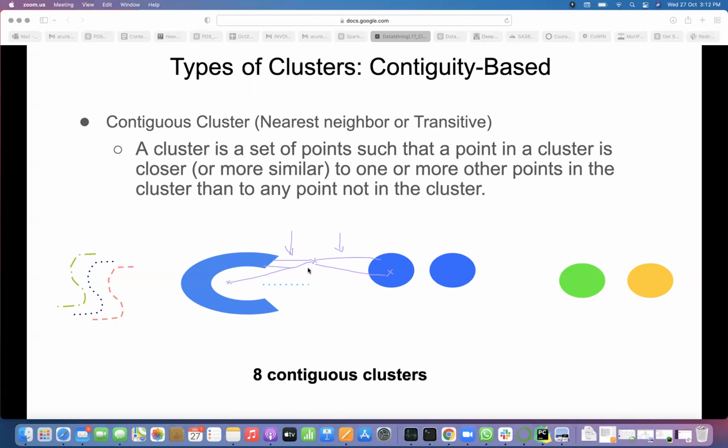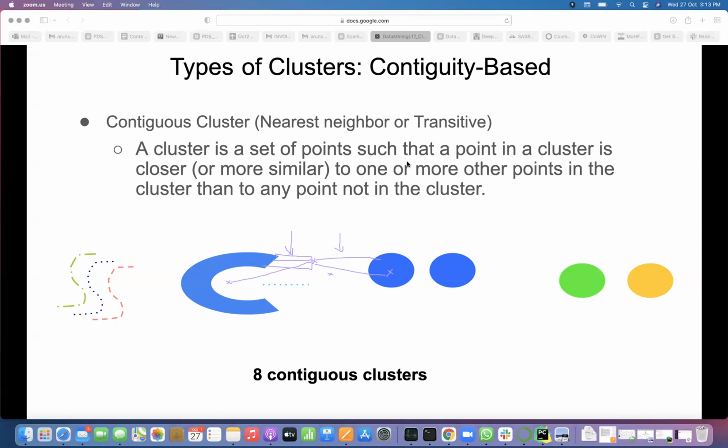Then the cluster will extend like this. Whenever a new point comes and is again close to this, the new point will also go here. That's why it is called contiguous: whether there is some continuity in those points or not. If there is continuity, then we will assign it.